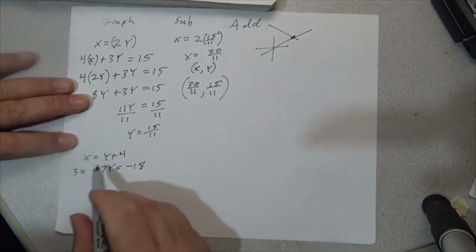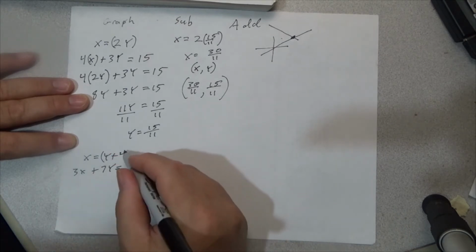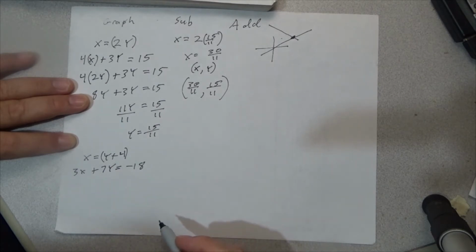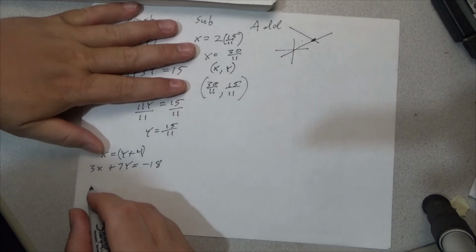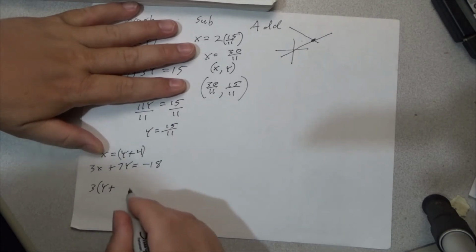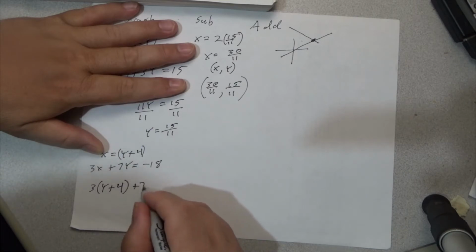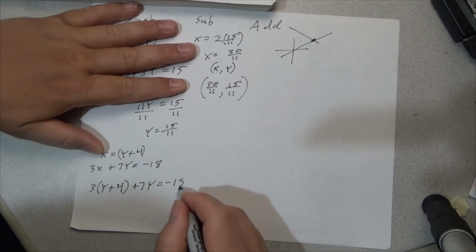Okay, so this one is already solved for x. So wherever x is, I can just put that in right there. So I will say 3 times x plus 7y equals a negative 18.